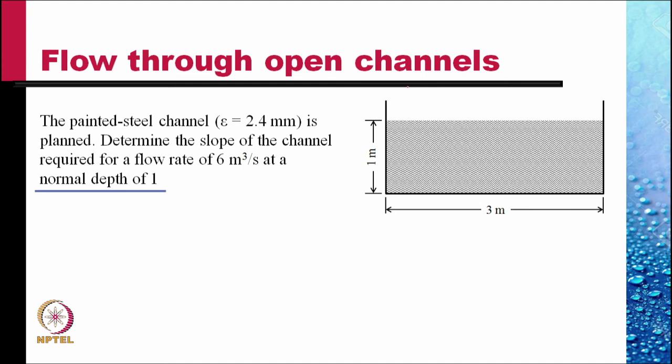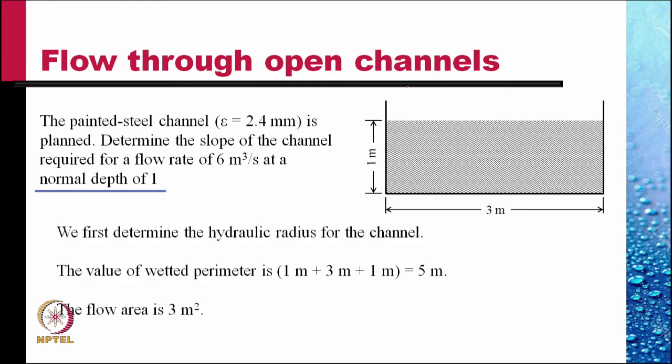So, to treat this as a pipe flow problem, we first calculate the hydraulic radius. The wetted perimeter is 1 meter plus 3 meters plus 1 meter, a total of 5 meters.